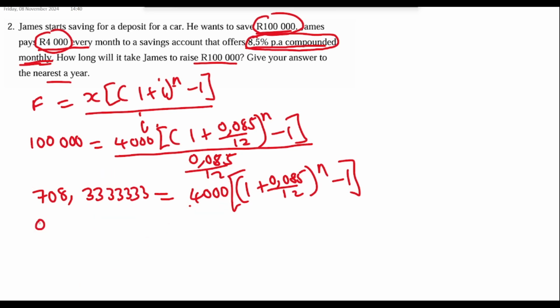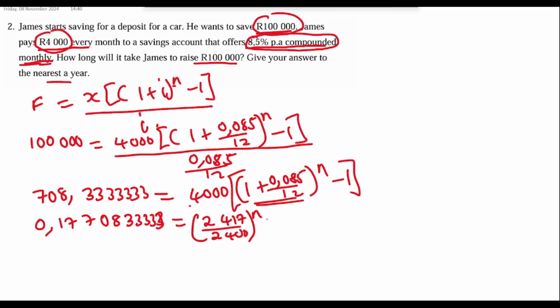We get 0.177083333 is equal to, and we can simplify this, 1 plus 0.085 over 12, that will be 2,417 over 2,400. Just leave it as a fraction like that, and then minus 1.